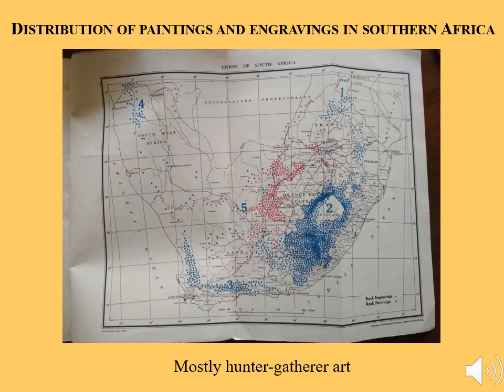And then in the interior of the country, the red dots represent engravings, and those are found on the plateaus and on rock outcrops largely of dolerite, but it can also be diabase and other substrates. And you can see also, at least in terms of the recorded numbers, that there are many more painting sites than engraving sites.